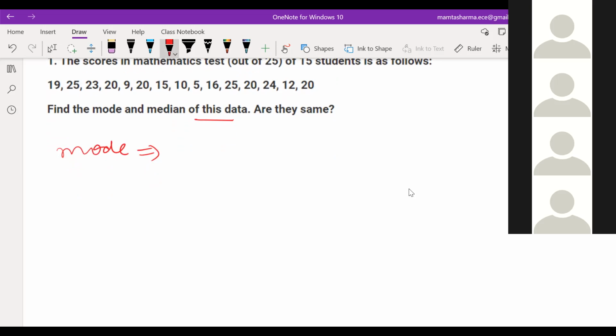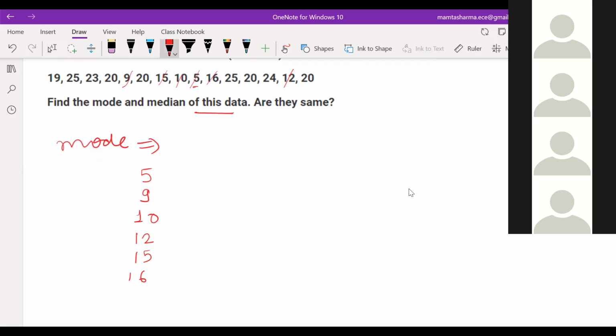The lowest number is 5. Then 9. After that 10. Then 12. After 12, 15. Then 16. Then 19.